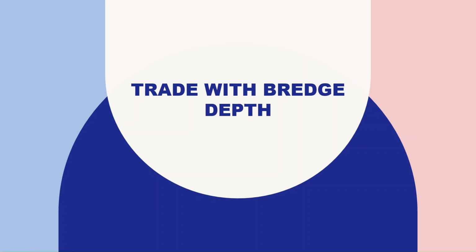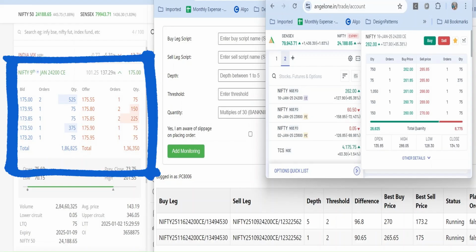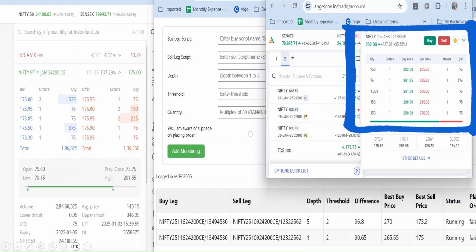So in this video, I'm going to talk about the purpose of depth, and how we can utilize it so that you can avoid the slippage. You can see that this is a Zerodha depth for this particular strike price, and this is the Angel One depth for this particular strike.